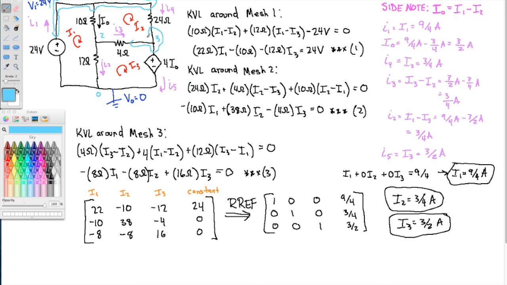What's the voltage at node 3? Call that V3. Well, we can use Ohm's law. We know the drop across the 24 ohm resistor is I4 times 24 ohms.